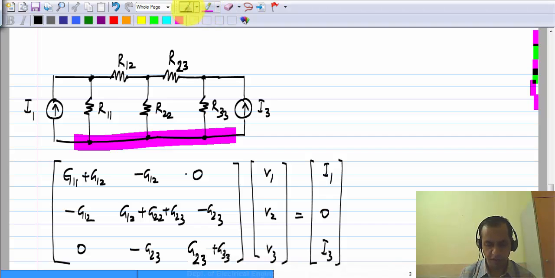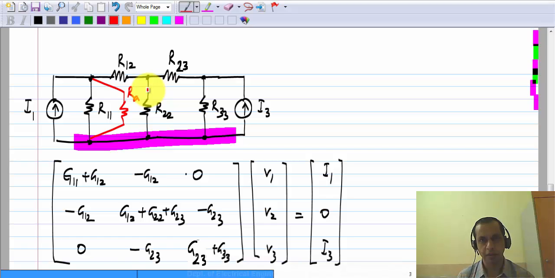So first, let me add another resistance here, RA. Please work out what happens to the nodal analysis setup because of this. In this case, it's very obvious. The resistance RA is in parallel with resistance R11, so the conductances simply add up.